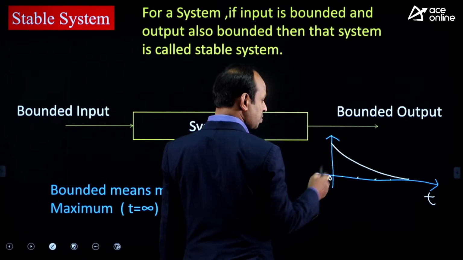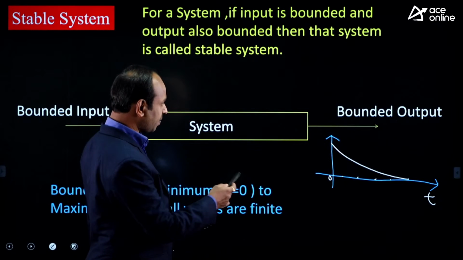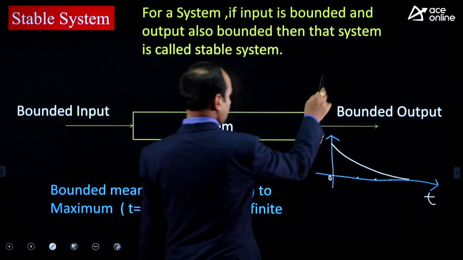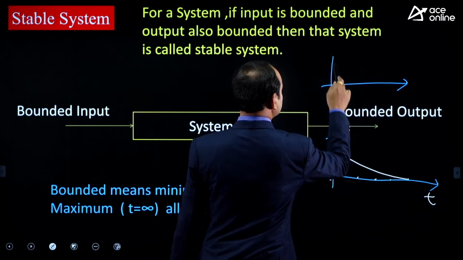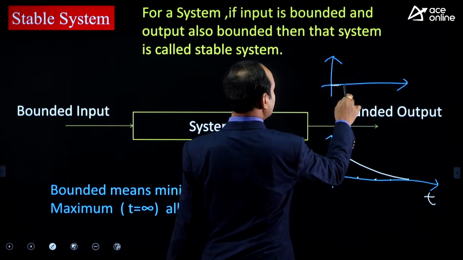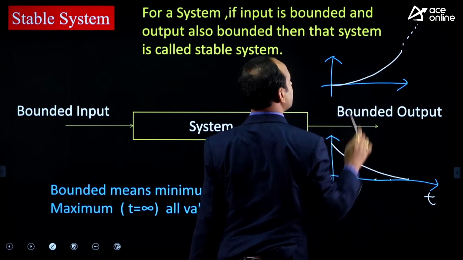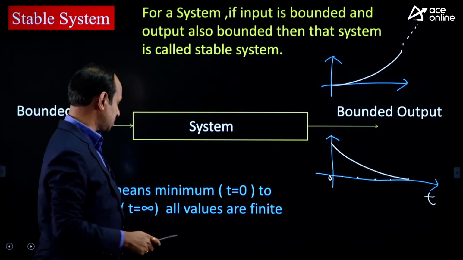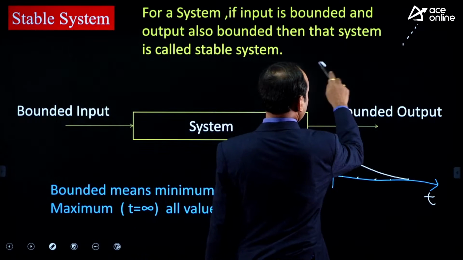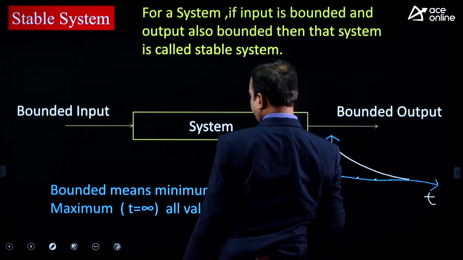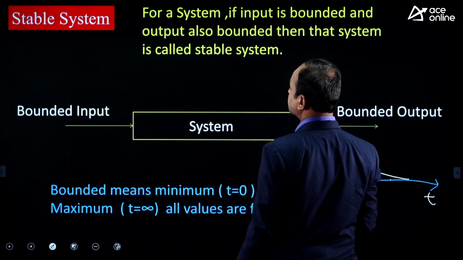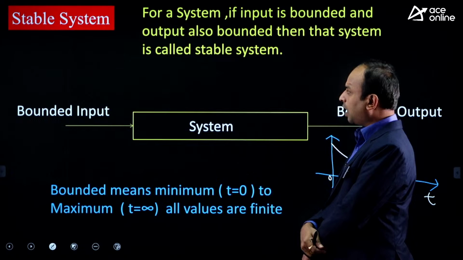Instead, if the output keeps growing like this with respect to time, it is unbounded. This type of system is called an unstable system. This is the meaning of a stable system. Similarly, we will go for the unstable system.